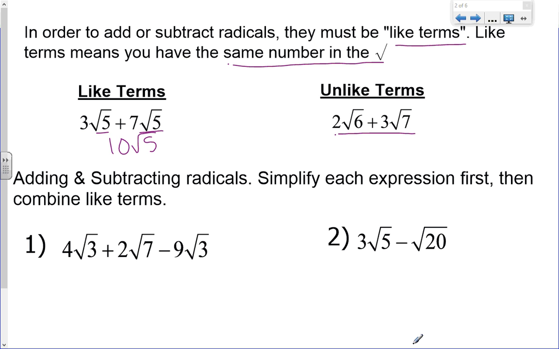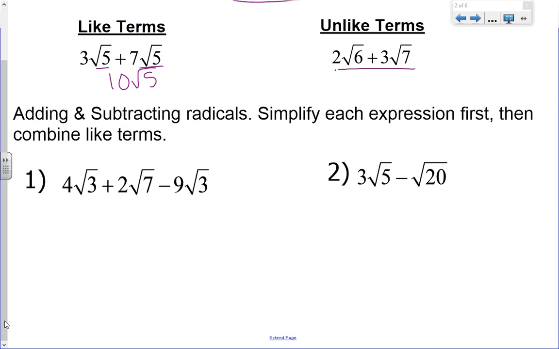So in order to do this addition and subtraction, we're going to have to simplify each radical first, then combine the like terms. If we take a look at example 1, we have 4 square roots of 3 plus 2 square roots of 7 minus 9 square roots of 3. I know these radicals aren't going to simplify because they're prime numbers. So from there I'm going to combine the like terms.